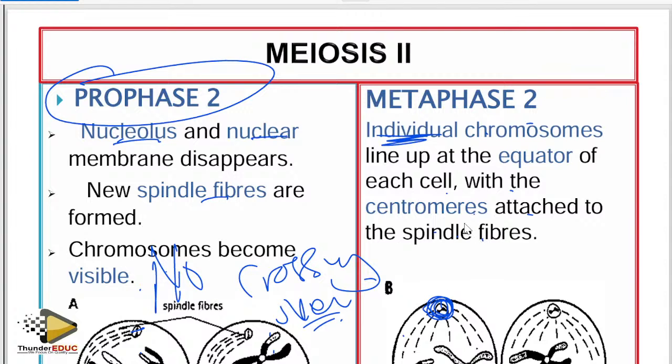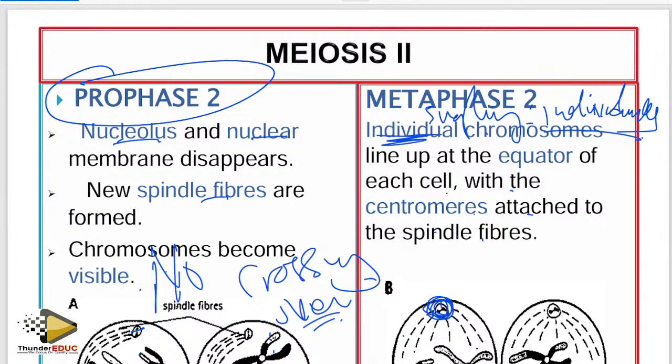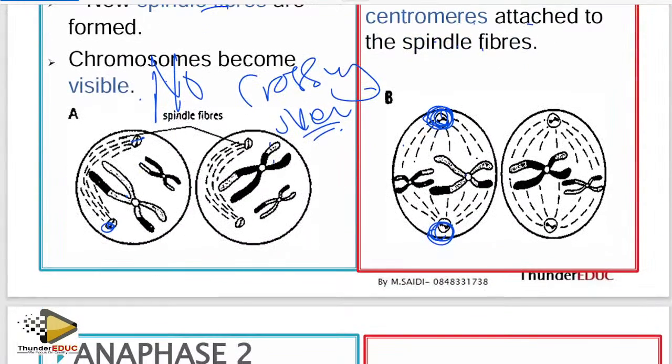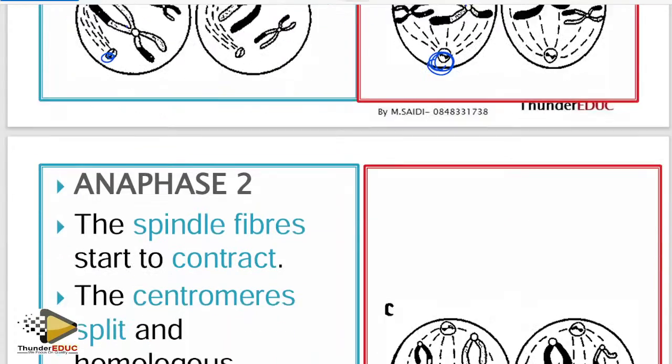It means that it aligns itself at the equator singly, or individually. You understand? They align singly. So you have to know that concept, that those things align at the equator individually.